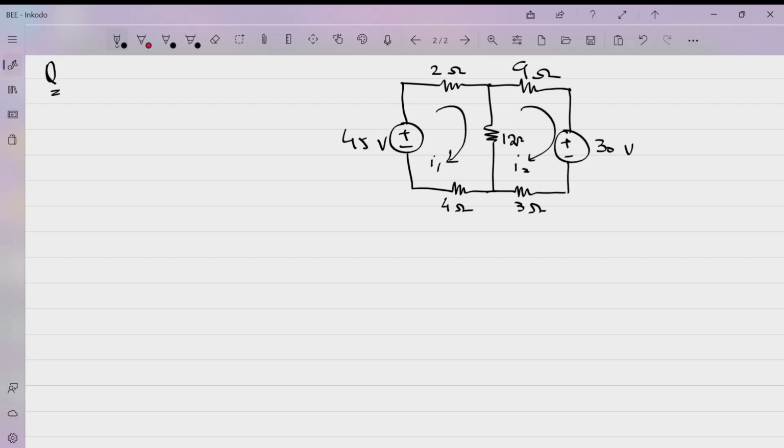Fine. So let's identify this as loop number 1, this as loop number 2. So you have to find out I1 and you have to find out I2.